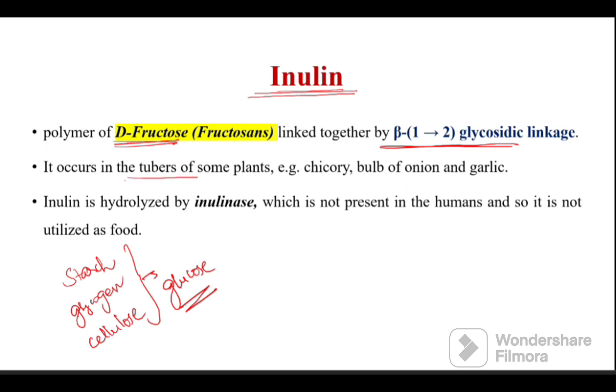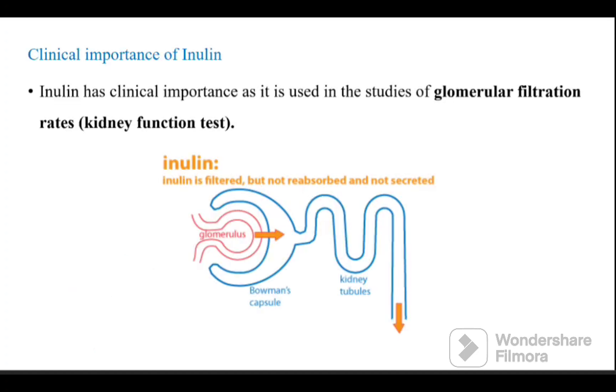It is present in tubers of some plants like chicory, and in the bulb of onion and garlic. Inulin is hydrolyzed by the enzyme inulinase, which is not present in humans, so it is not utilized as food.